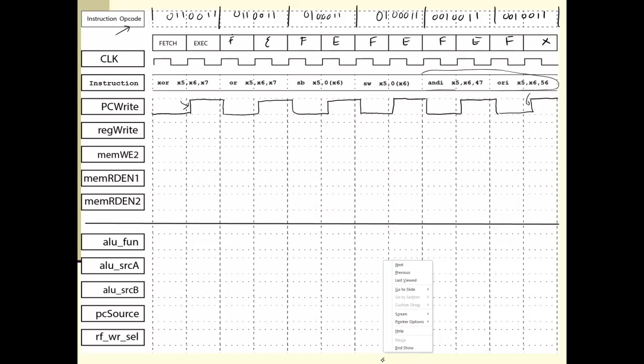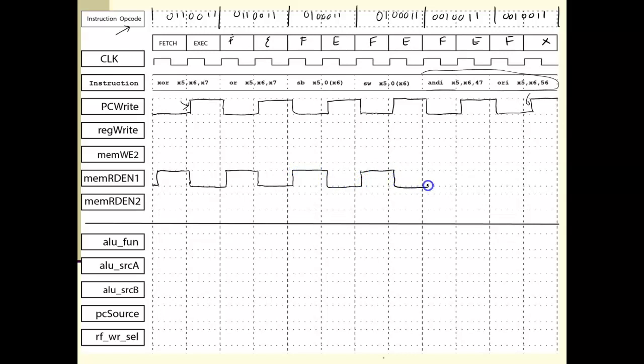The other important thing in here is the associated signal, this memory write signal. So when I get into the fetch state, I have to assert the memory write signal. And so our memory write signal, this is for program memory, is always going to be the same also, because it's essentially read enable for the program memory.